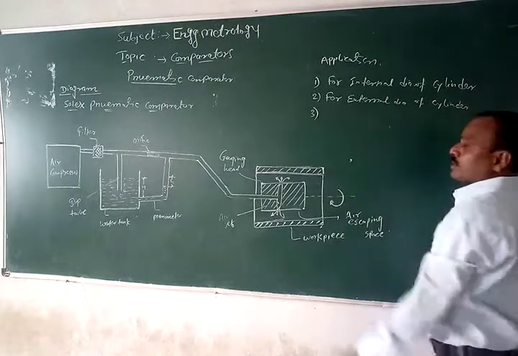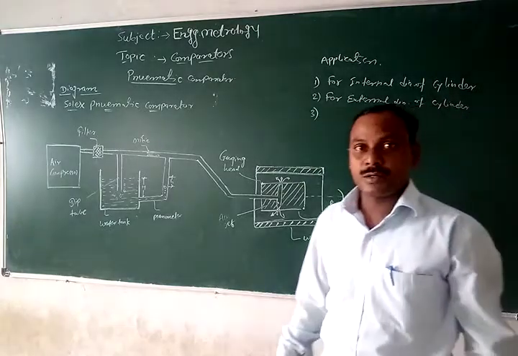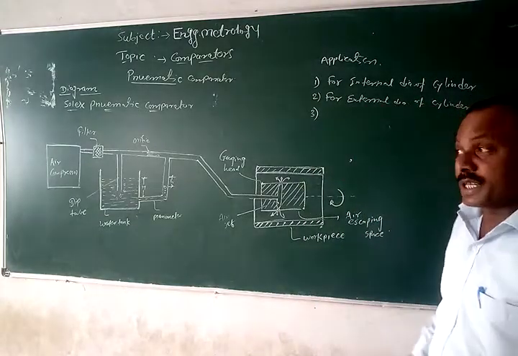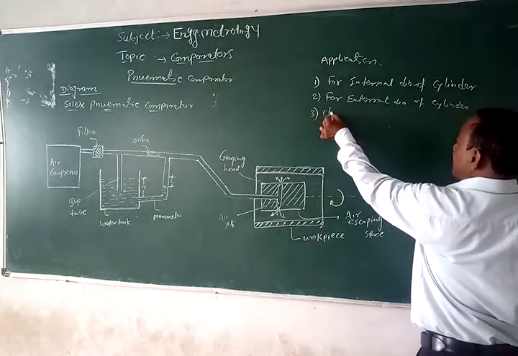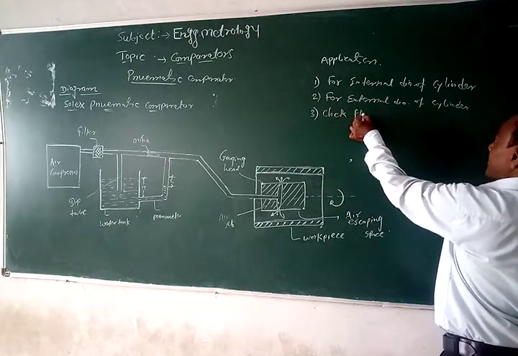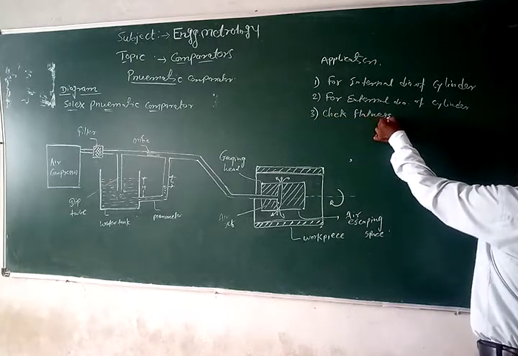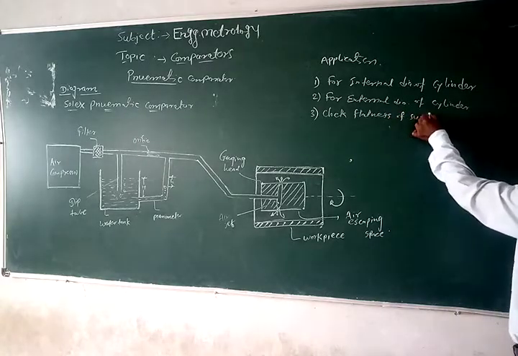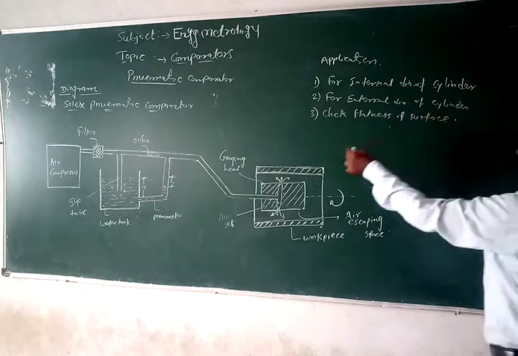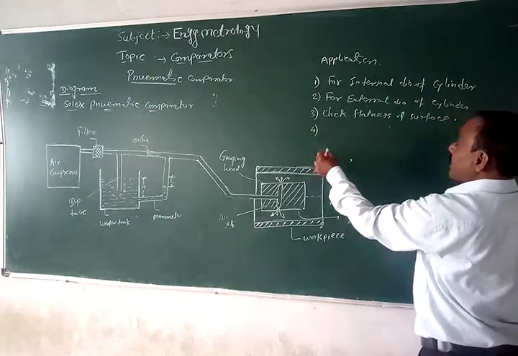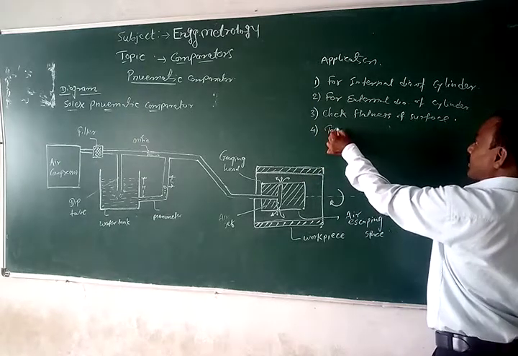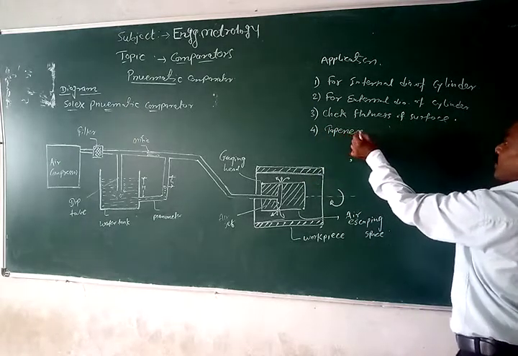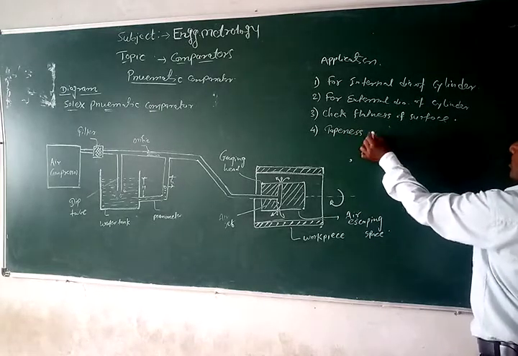Again, it checks flatness and straightness of surfaces. For checking flatness of surface, again, it can check taperness or ovality.